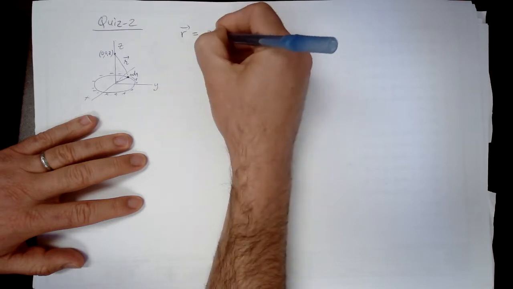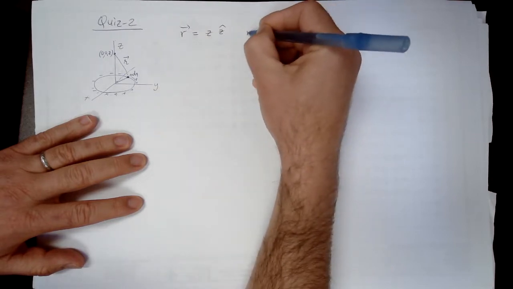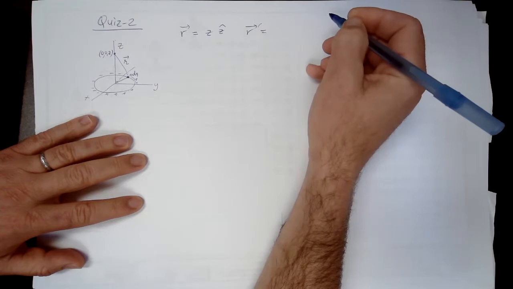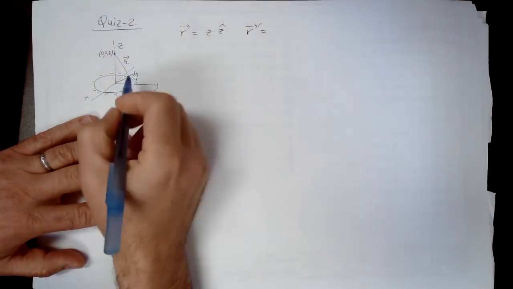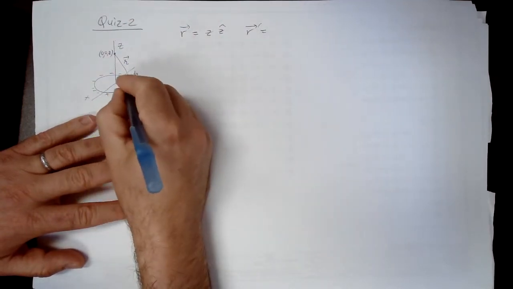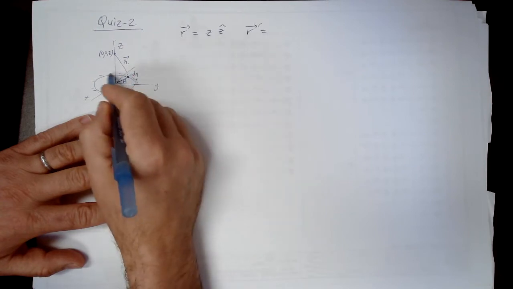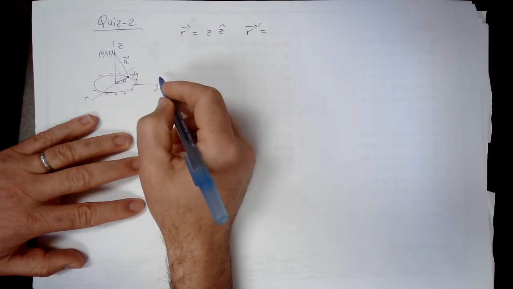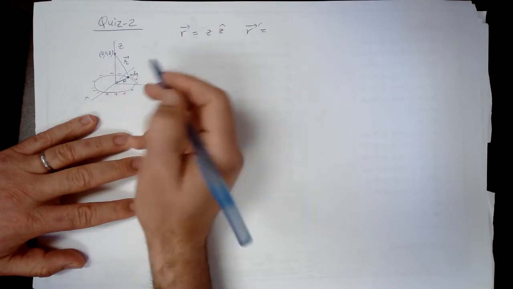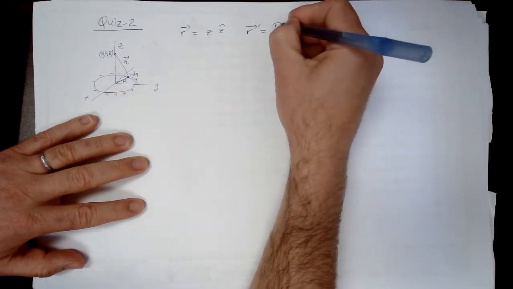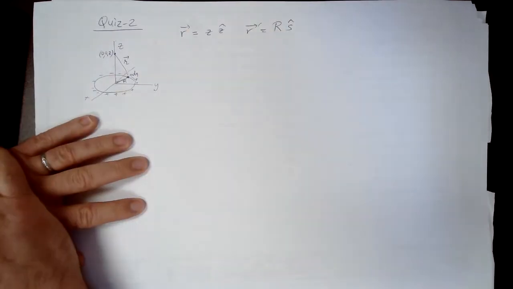R is z z hat as before, and R prime, if I use cylindrical coordinates, basically the magnitude of R prime is constant. It's around the circle. So the position, I can just say R s hat.